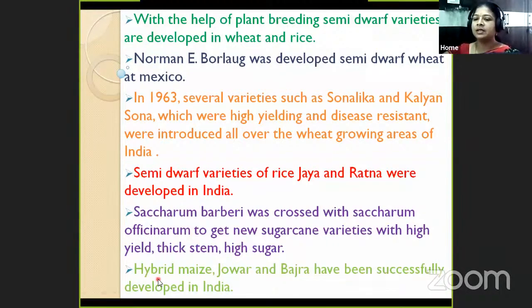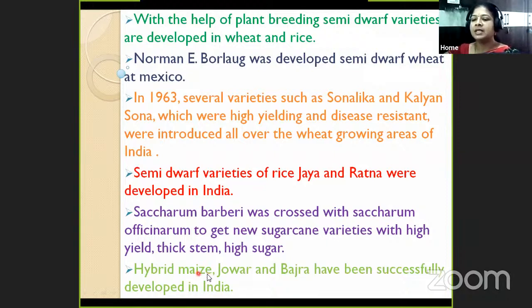Next, coming to hybrid maize, Jowar, which in common terms is called Jonnalu, and Bajra, which have been successfully developed in India with the help of plant breeding.